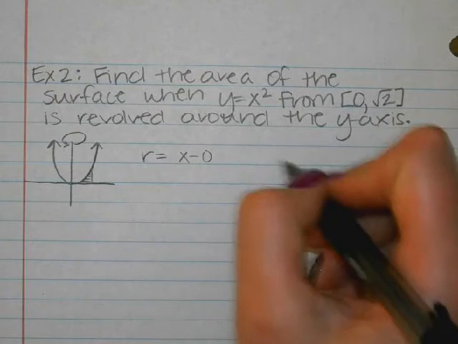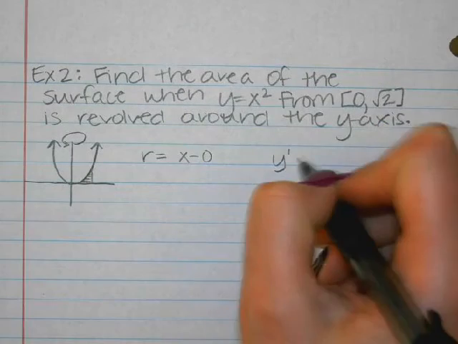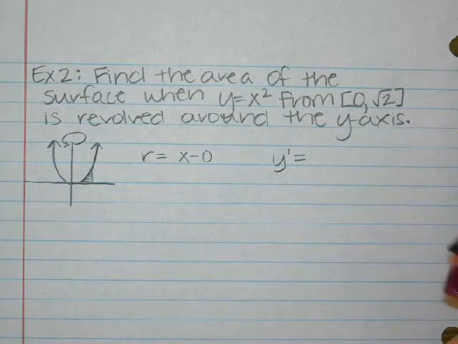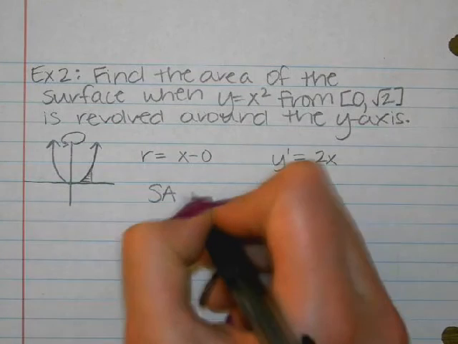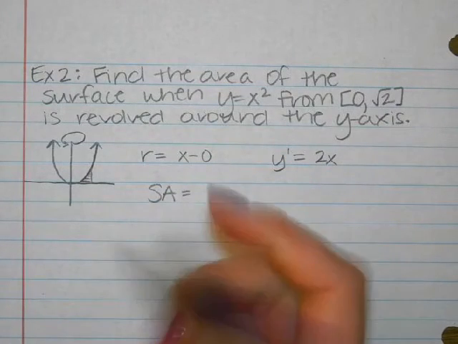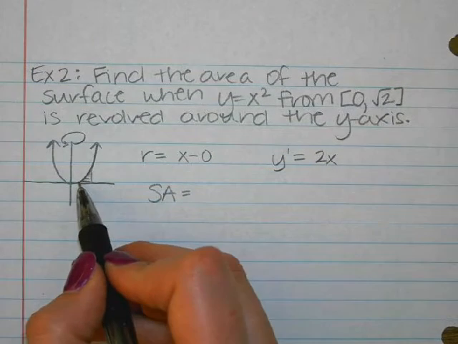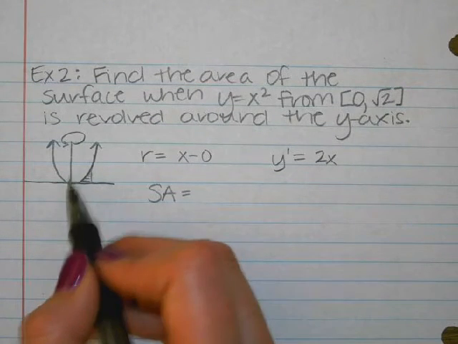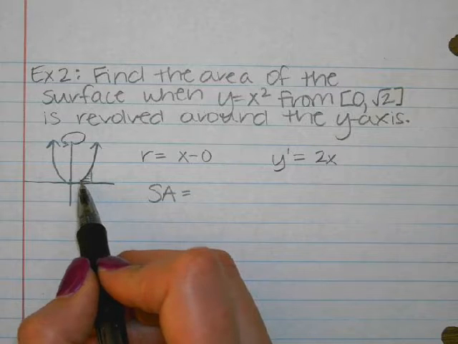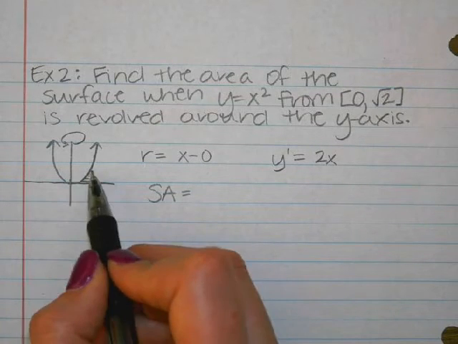And then y prime is 2x. How do you get x minus 0? Because it's the distance of the x coordinate to what I'm spinning it around. So it's the axis, so it's minus 0. It's the x coordinate minus 0, this x coordinate minus 0, that x coordinate minus 0.